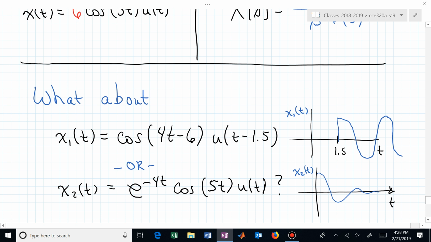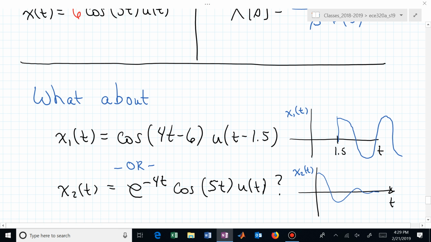What did we call that earlier today? A damped sinusoid, right? An exponentially damped sinusoid, and in particular, it's a cosine. And we have a cosine of 5t. We just found out what that looked like.